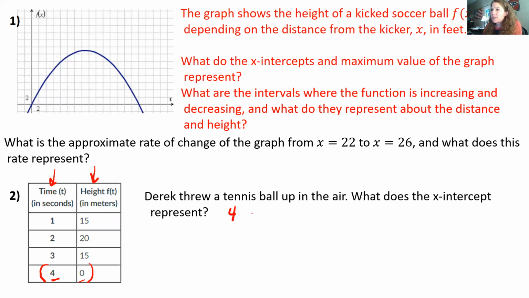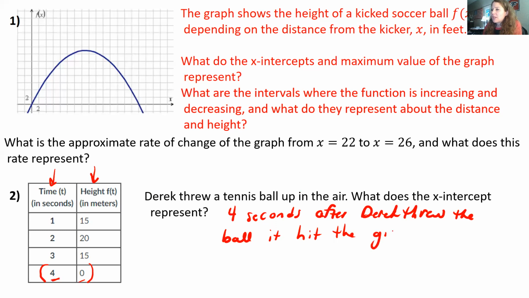So I would say 4 seconds after Derek threw the tennis ball, it hit the ground. That's what the x-intercept means in this scenario, because x is time and y is height, all right? So 4 seconds after Derek threw the ball up, it hit the ground.